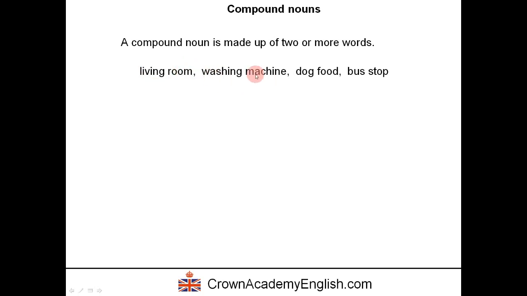It's two words, but this is in fact one object, one compound noun. It's the machine in which you wash your clothes. Dog food. So it's two words, but this is one compound noun.